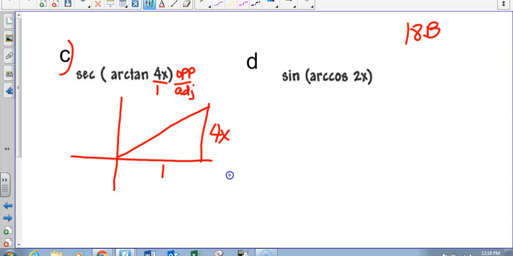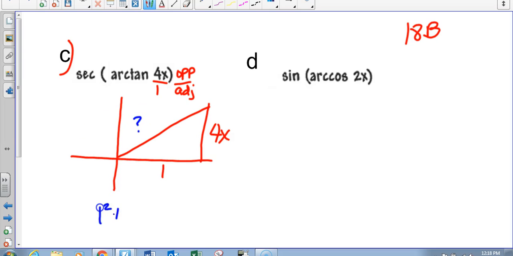Is this not worksheet 18B? Okay. We need to find something to write on the hypotenuse so that we can find the secant. This is the first time that we've had to find a hypotenuse. Okay, when we wrote weird expressions before they were on the leg, what is this weird expression going to be? Question mark.